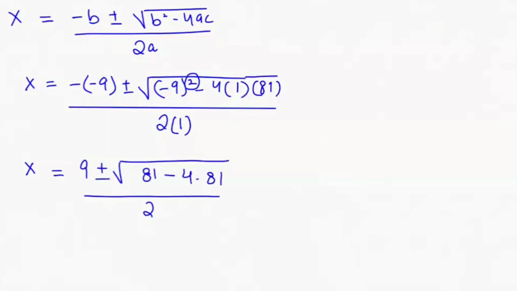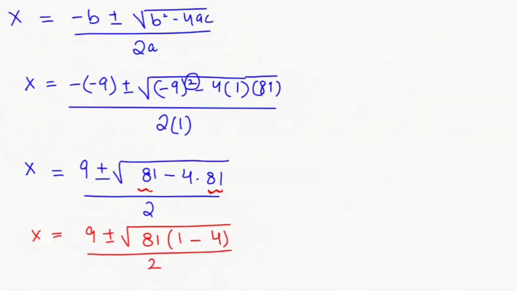Now in the next step, I am going to take 81 common. x equals 9 plus or minus root of 81 times (1 minus 4) over 2. And this will turn to x equals 9 plus or minus root of 81 times negative 3 over 2.